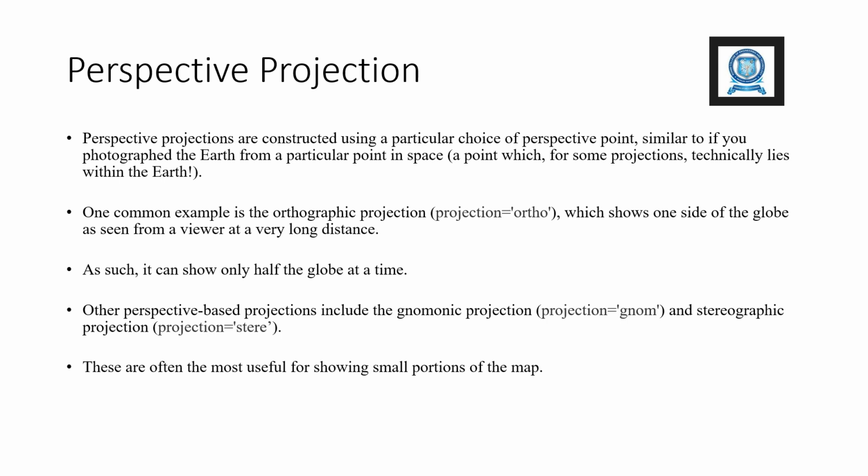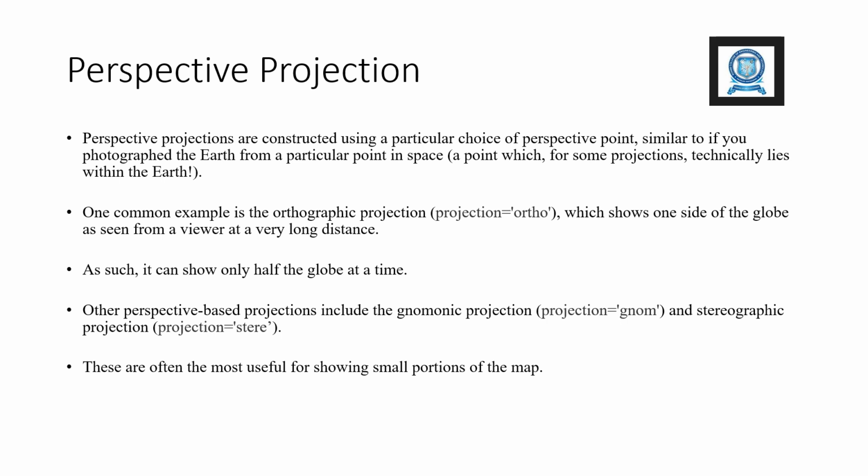Next one is perspective projection. Perspective projections are constructed using a particular choice of perspective point, similar to if you photograph the earth from a particular point in space. A point which for some projections technically lies within the earth. One common example is the orthographic projection, projection equal to 'ortho', which shows one side of the globe as seen from a viewer at a very long distance.